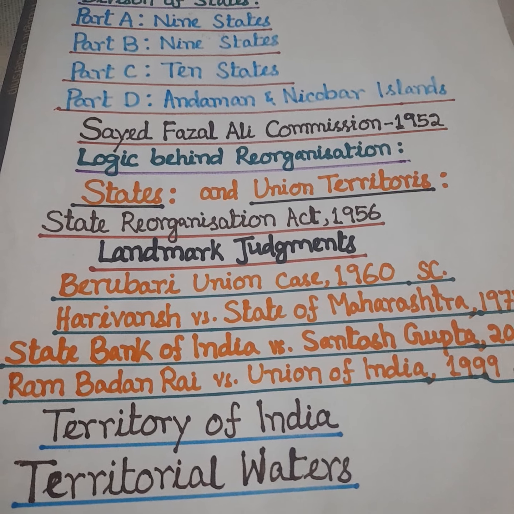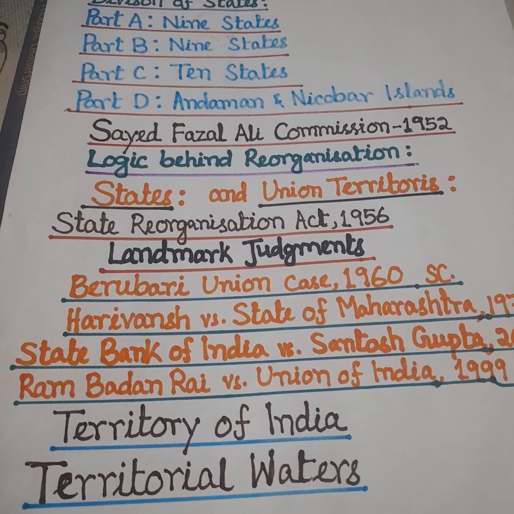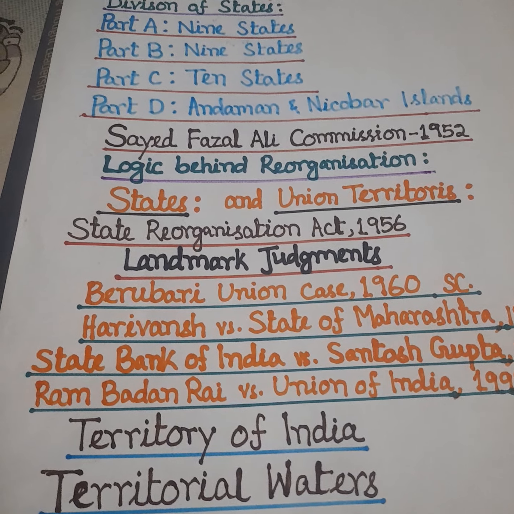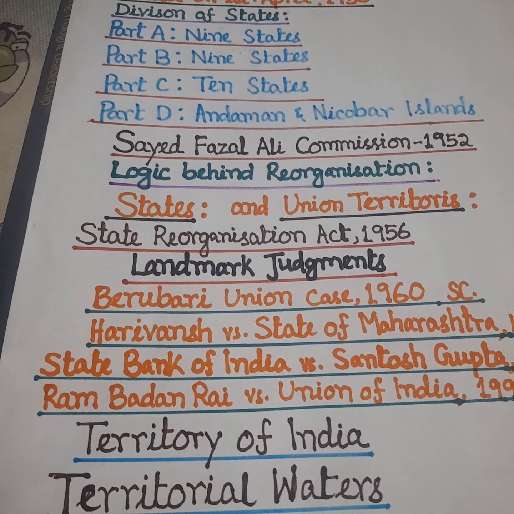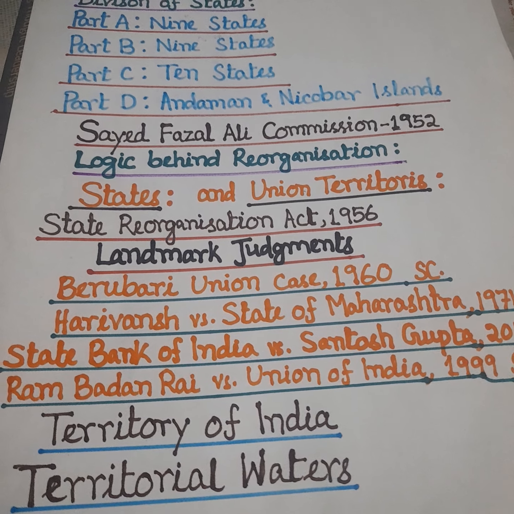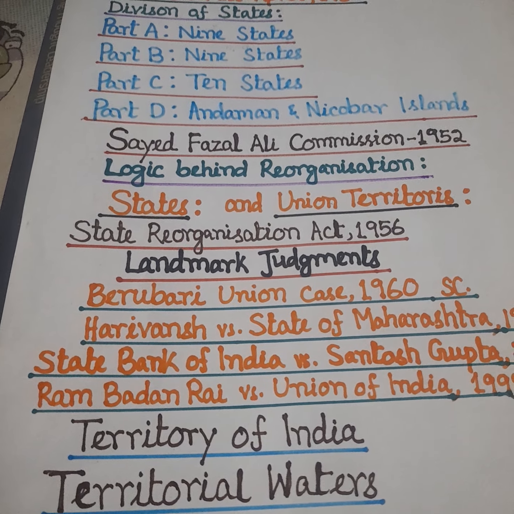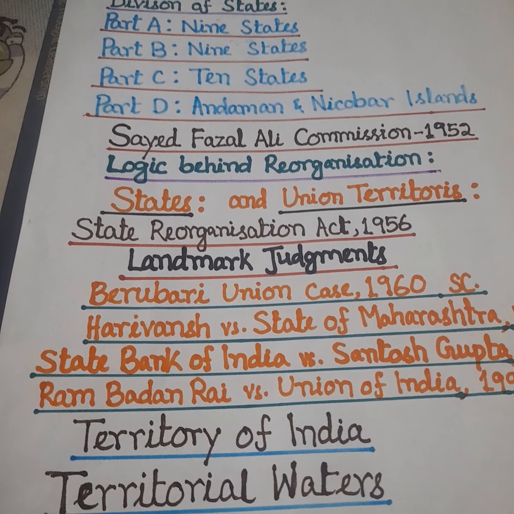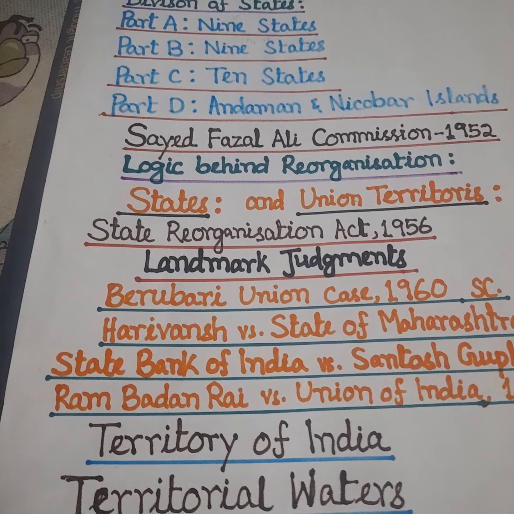So, in that connection, Kerala was formed in 1956 under the State Reorganization Act. The new state of Kerala was established by merging Travancore-Cochin with the Malabar district, which was previously part of Madras state.